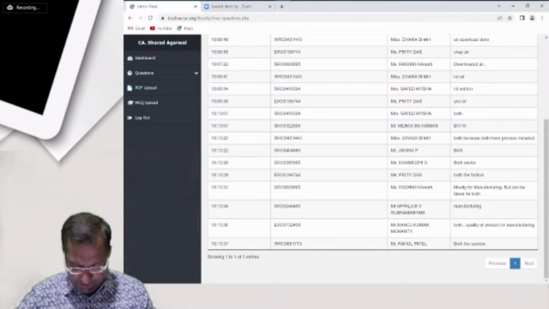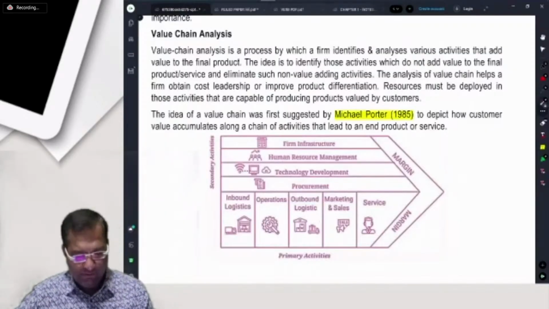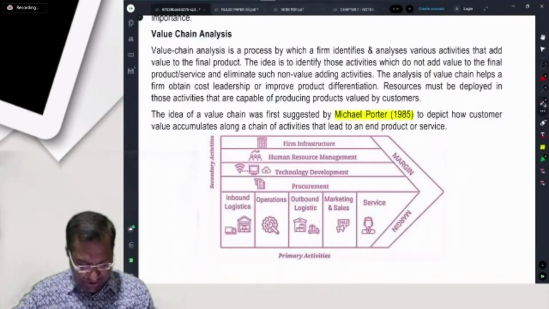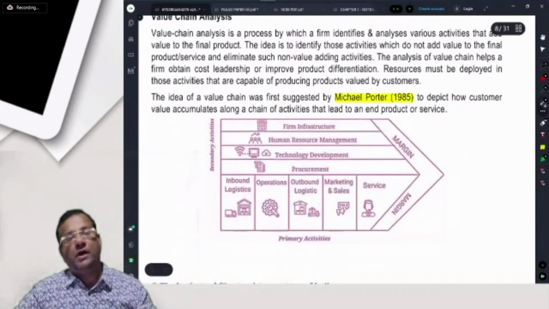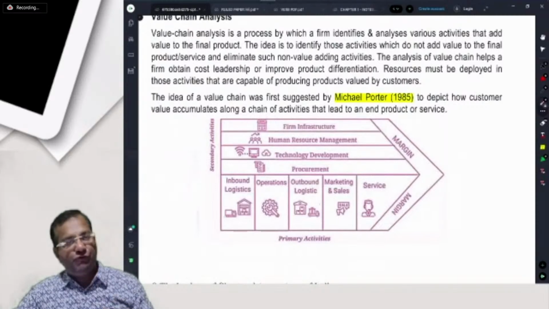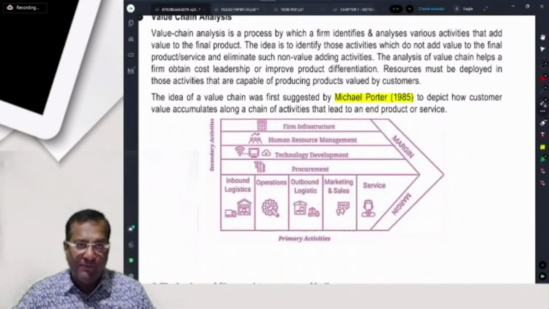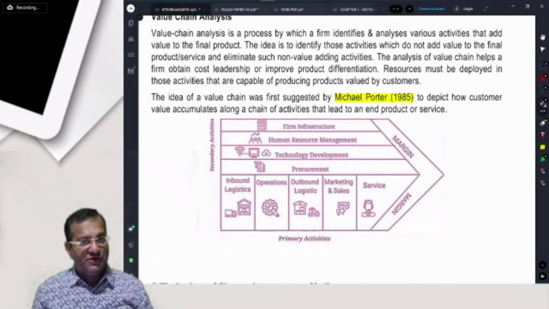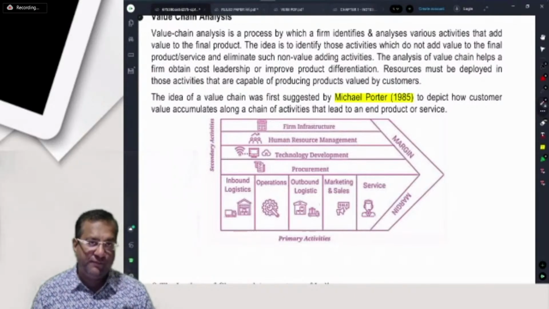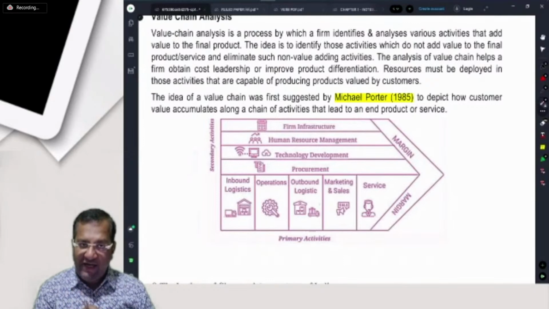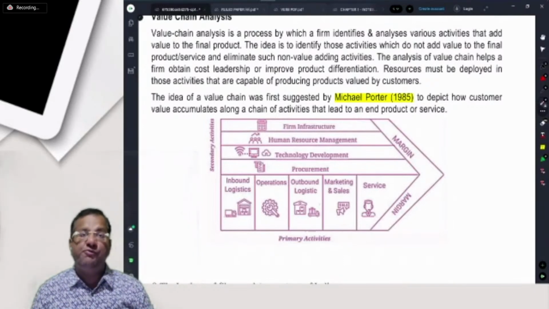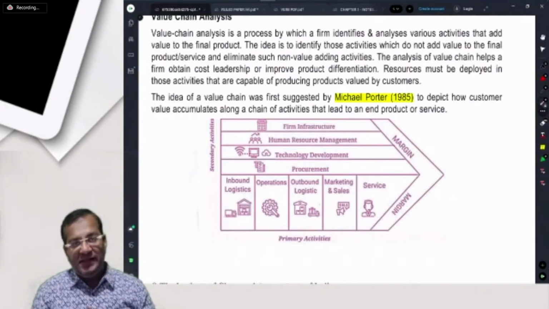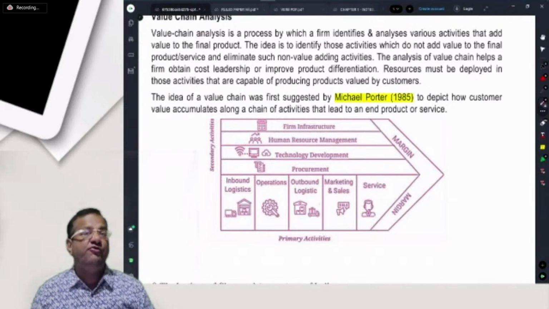Many students have given the correct answer. Okay. Now, an important point. For the purpose of proper recognition, what Michael Porter has done is that various activities in the organization are bifurcated into two major headings. The first heading Michael Porter has given is primary activity, and the other heading given is secondary activity.